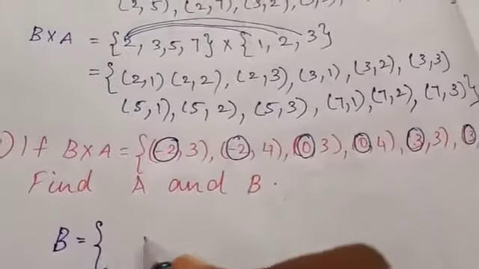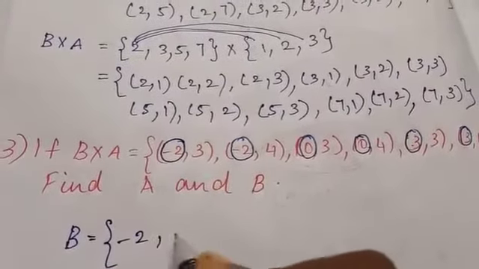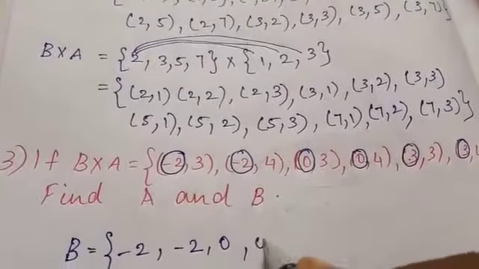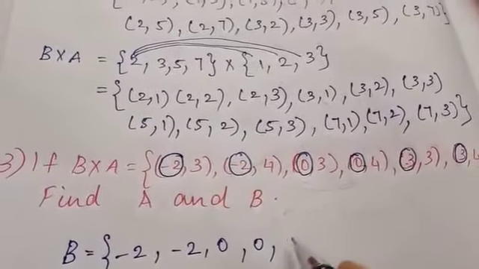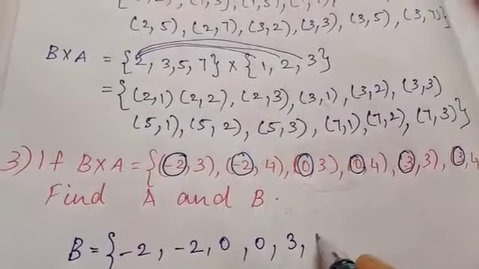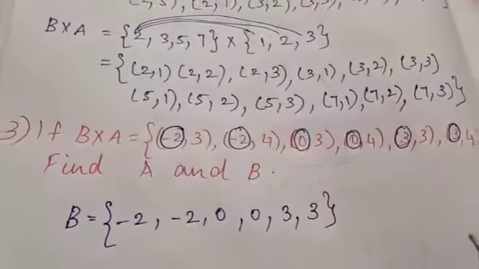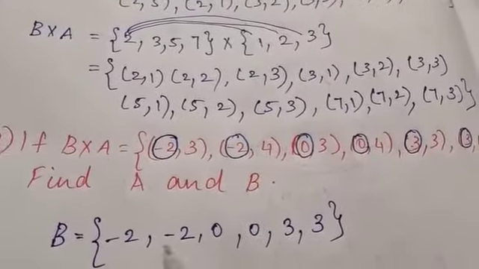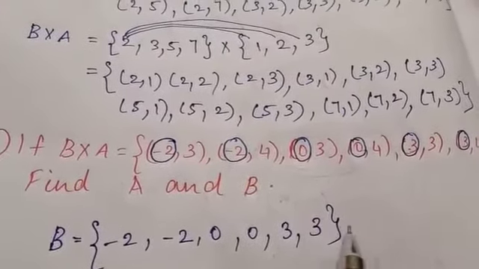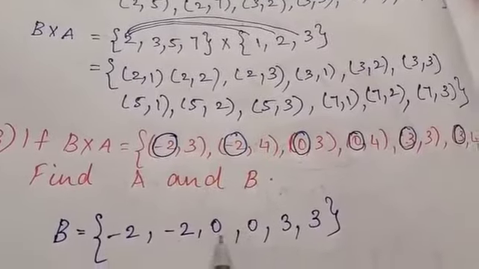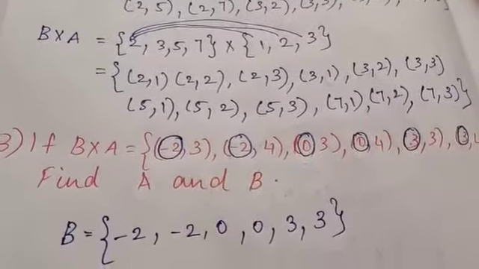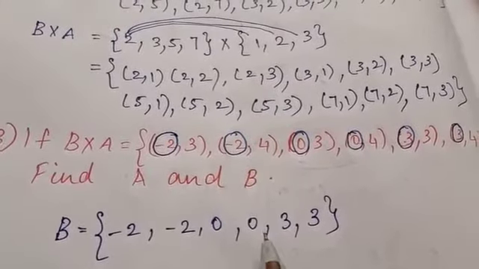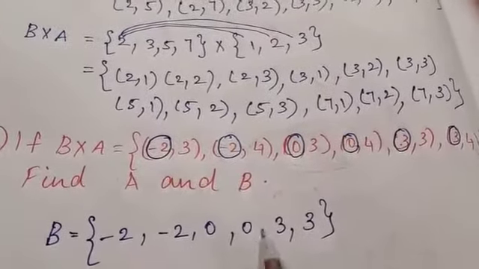So the elements of B are -2, -2, 0, 0, 3, 3. But in a set, repetition of elements is not allowed.